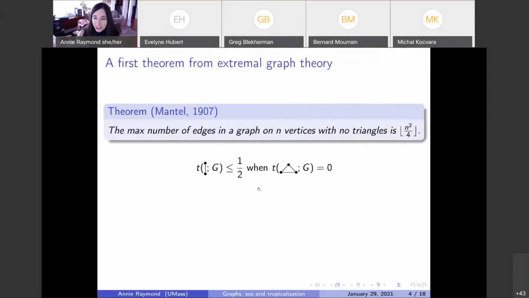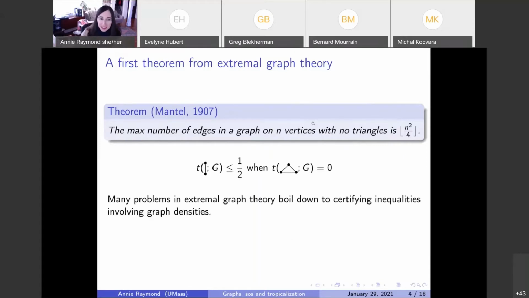And so now we're starting to see some inequalities. In the end, many problems in extremal graph theory really just boil down to certifying inequalities involving graph densities. And we know how to certify inequalities in the real world, right? We like to use sums of squares, and that's what we're going to be doing here too.